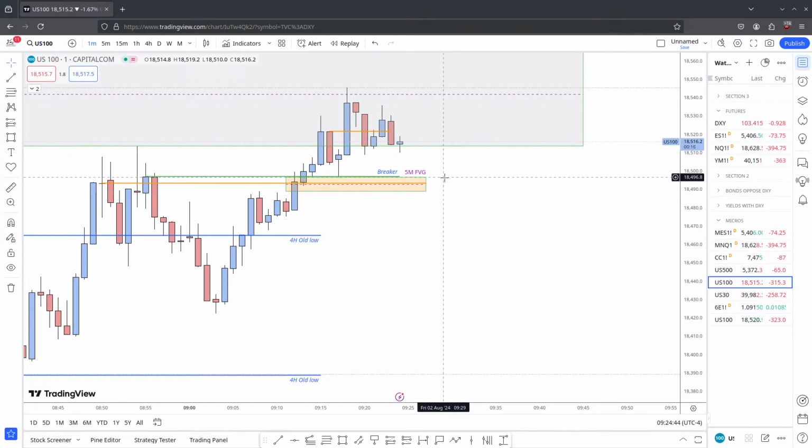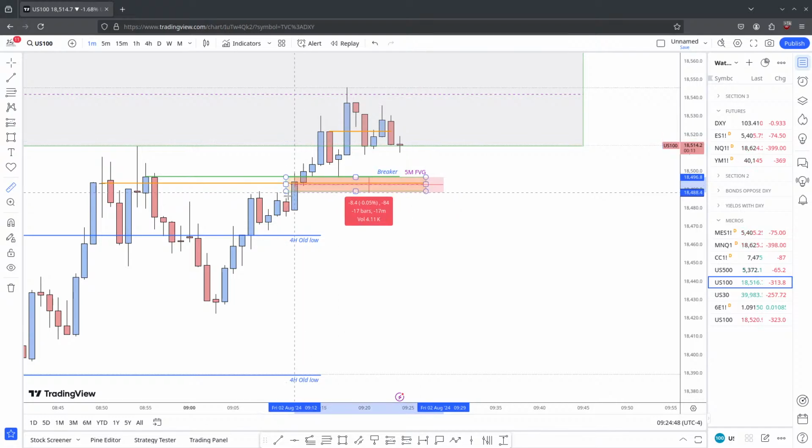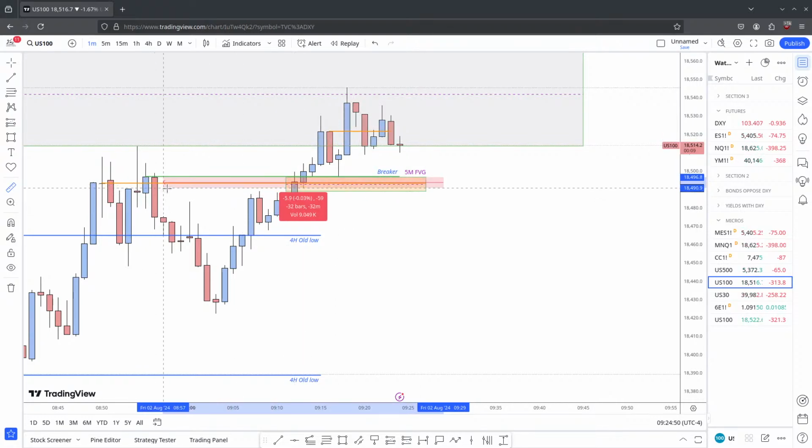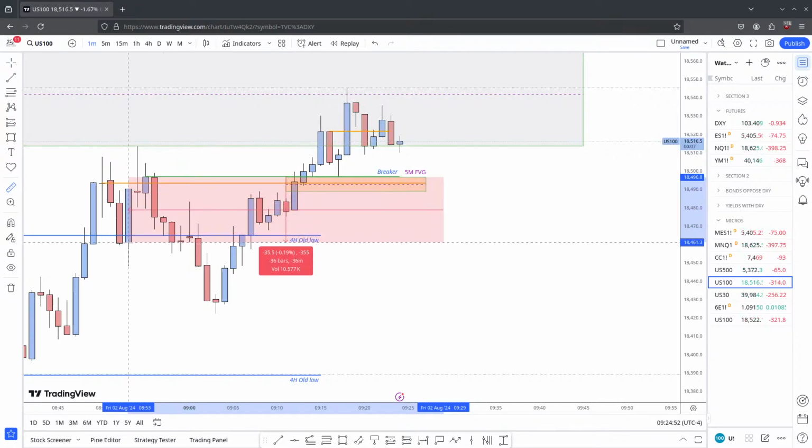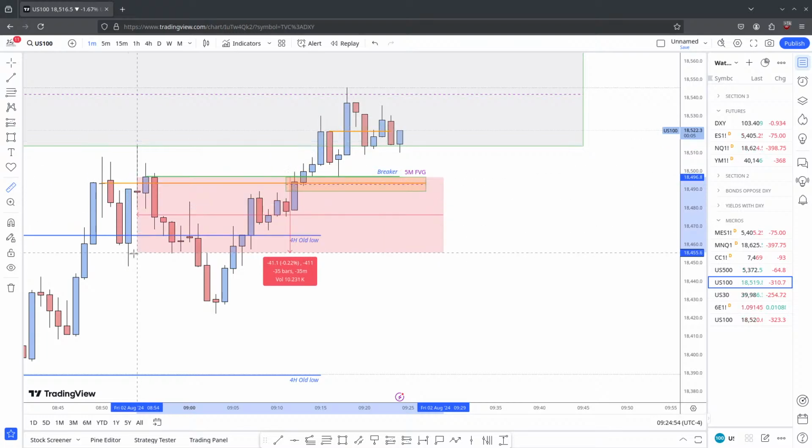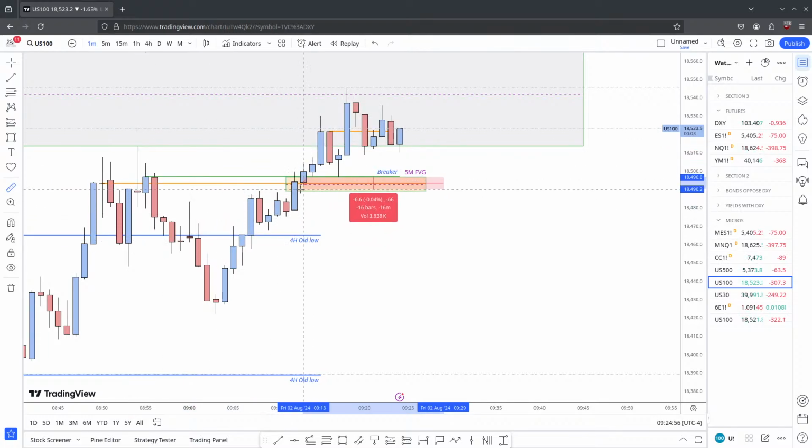If, for example, we took this breaker block, you have fair value gap, and we have breaker block, which is really, really hefty here, coupled with this 5-minute fair value gap here.